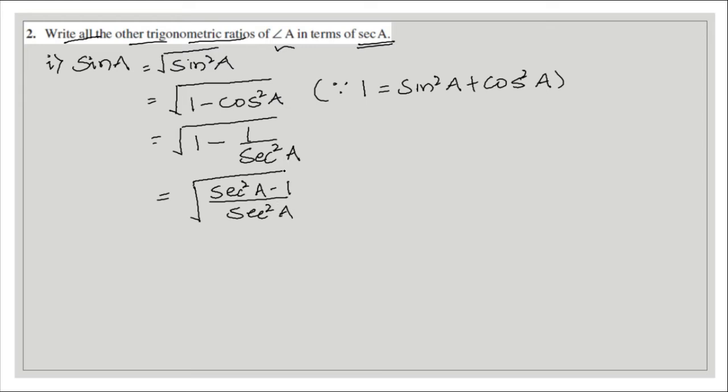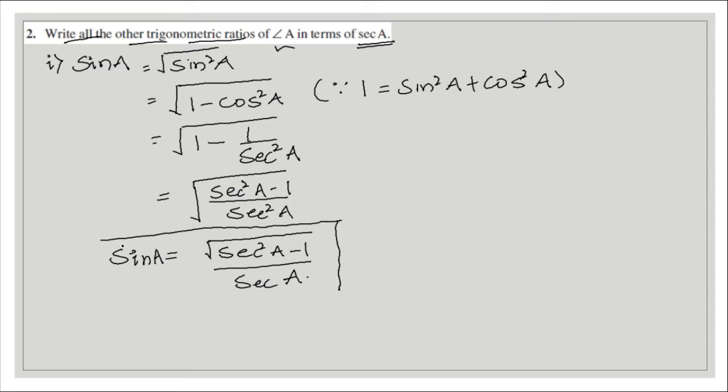Now if the root is taken to both numerator and denominator, we get it as root of secant square A minus 1 divided by secant A. Hence we have expressed sin A in terms of secant A. The first part is done.